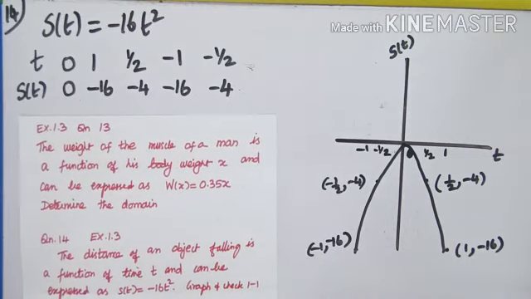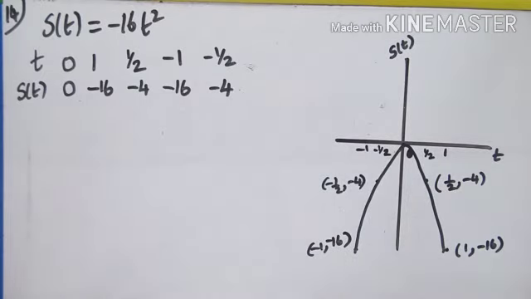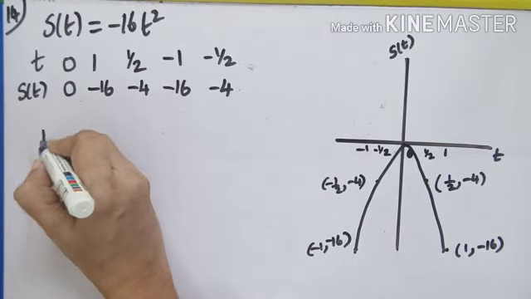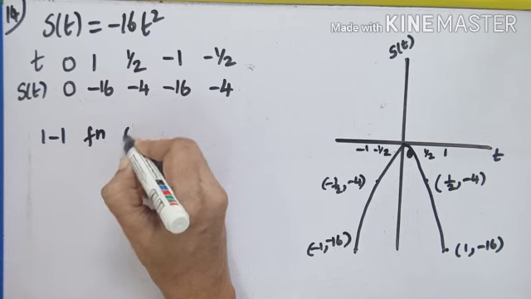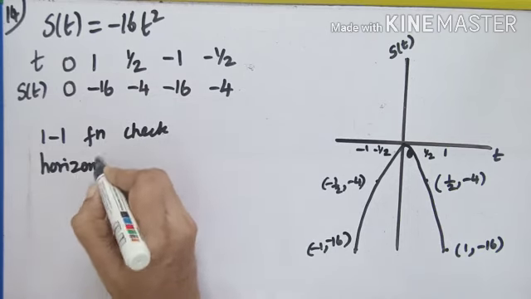We have graphed it. The question says check 1-1. How to check 1-1? For a 1-1 function, check the horizontal line test.